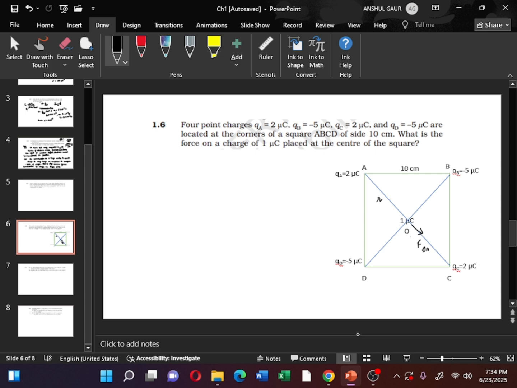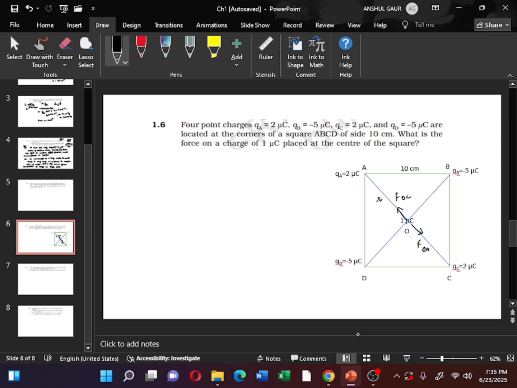Similarly, the force on the 1 microcoulomb charge due to the charge placed at point C, which is of value 2 microcoulomb, is opposite to this particular force FOA. Let us call this FOC.